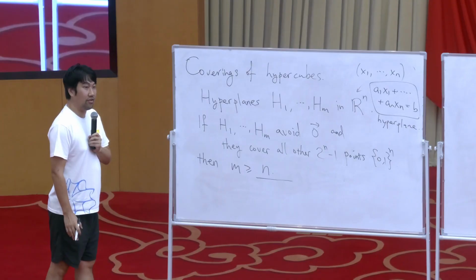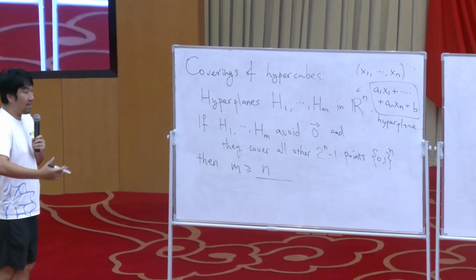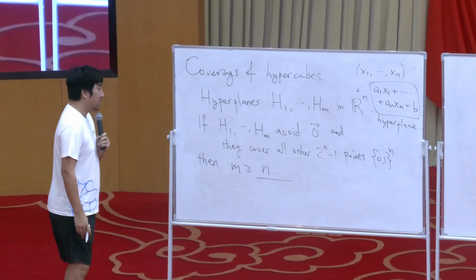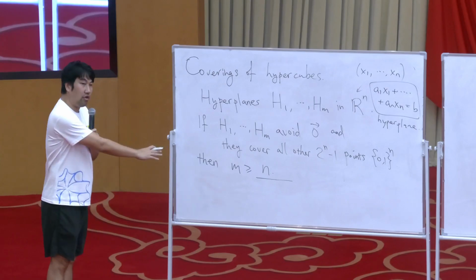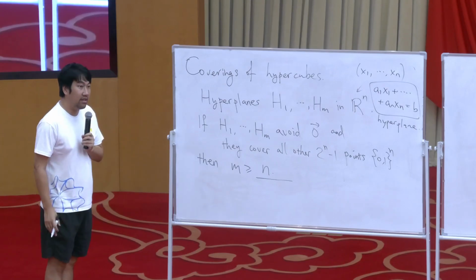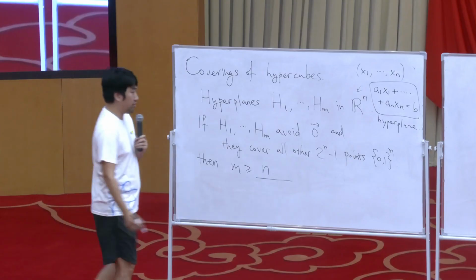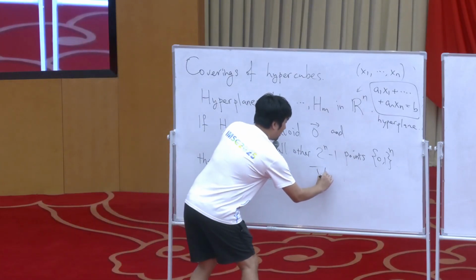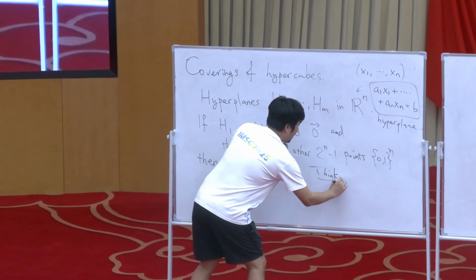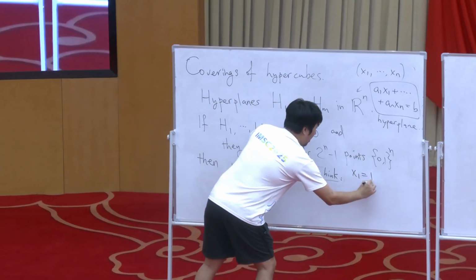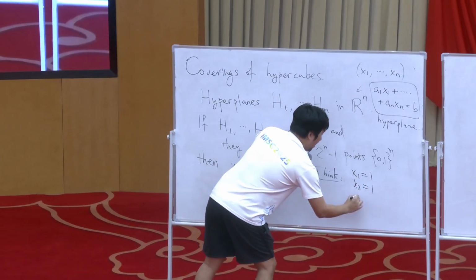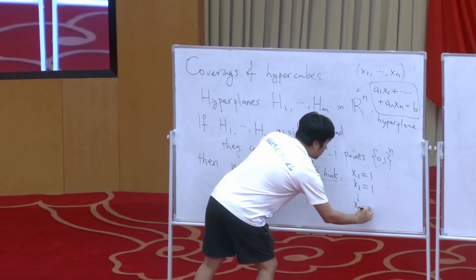Jagyo said that the reason to guess a good lower bound on the number of hyperplanes is n is because of the following construction: x1 = 1, x2 = 1, ..., xn = 1.